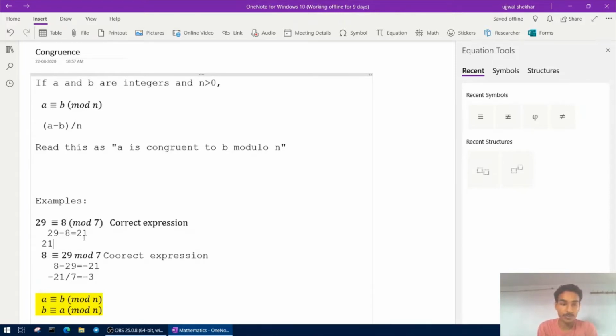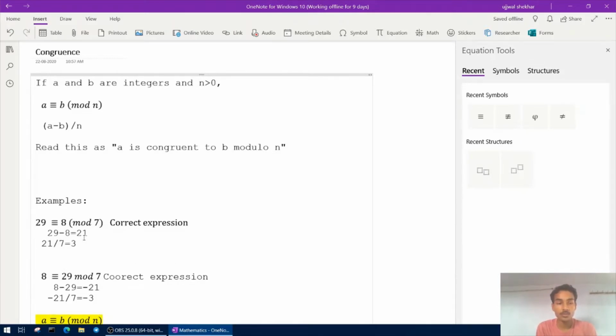Now we check if 21 is divisible by 7 or not. Yes, we are getting a whole number, right? So it is divisible by 7, so we can say this is a correct expression.